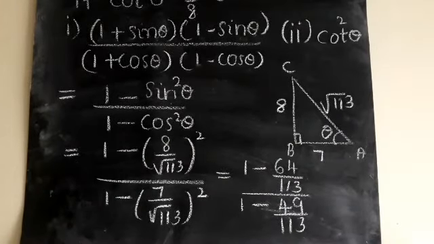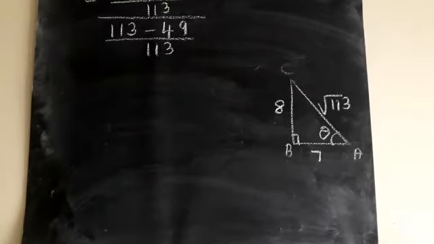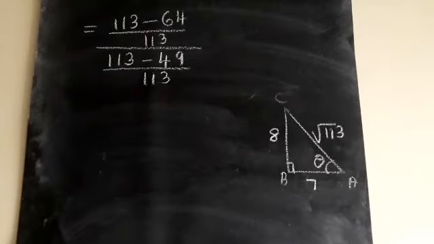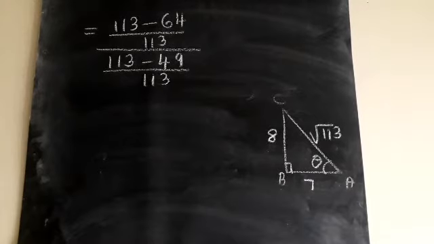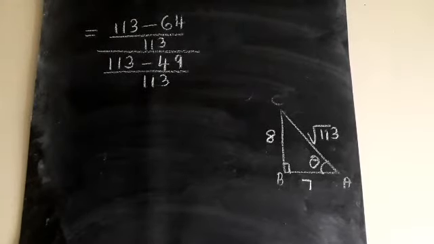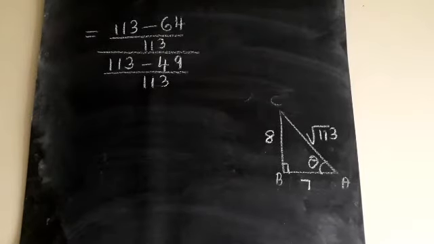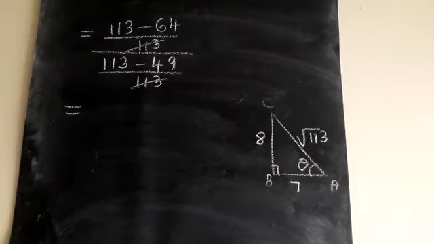Now calculate numerator and denominator separately. So it becomes (113 minus 64) by 113 divided by (113 minus 49) by 113, so that 113 we can cancel. So it becomes 49 by 64.